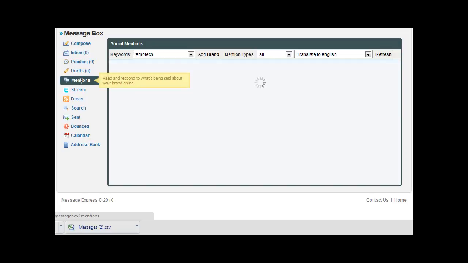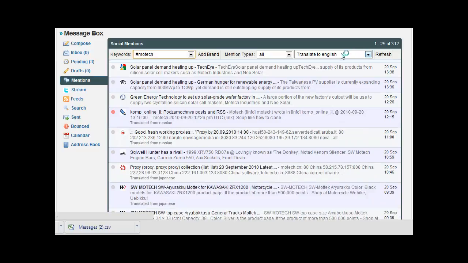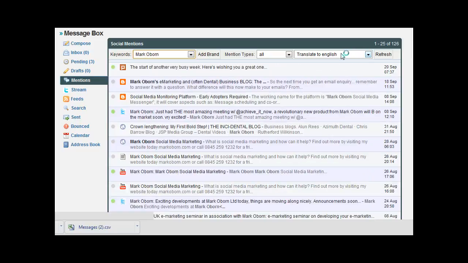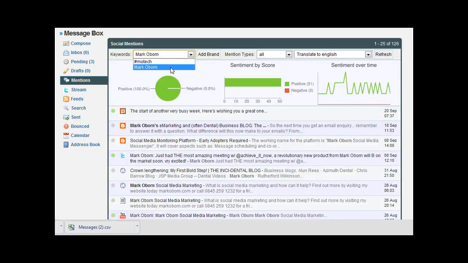So if I just go back to mentions here and click on my name again, it will also translate into English. So if people are speaking about you all over the internet, as you can see there, it translated it into English. So I monitor various brands.